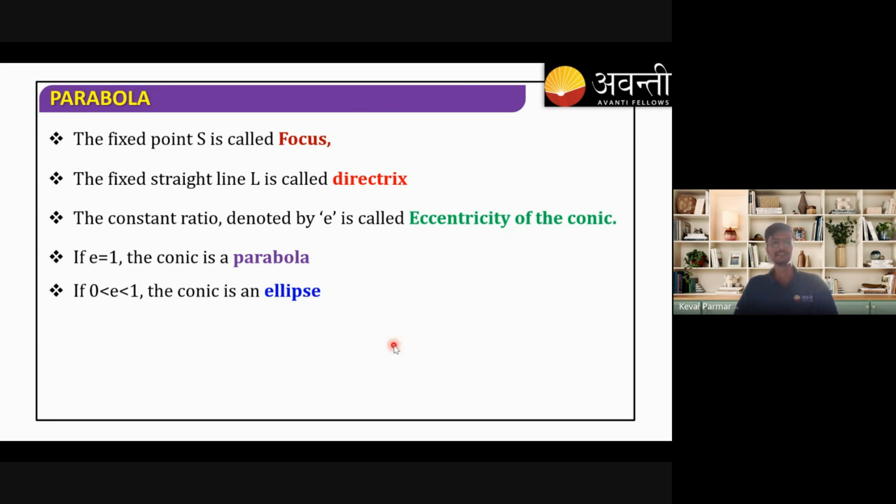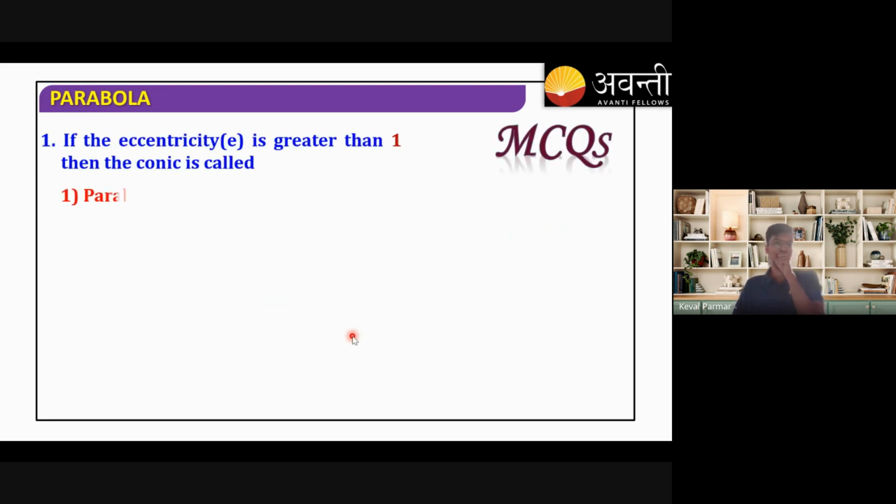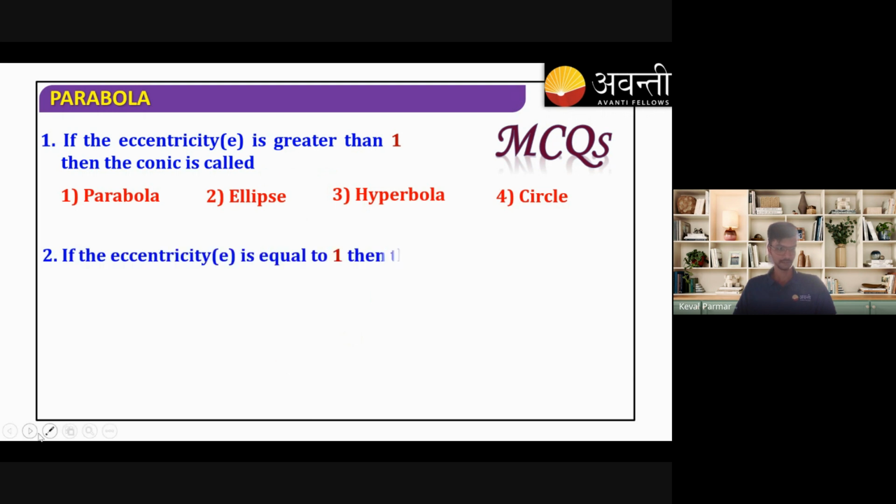Let's see, if E is greater than 1, the conic is a hyperbola. This is the first MCQ, very simple, just now we did. If eccentricity is greater than 1, then it is a hyperbola. So let us mark it.